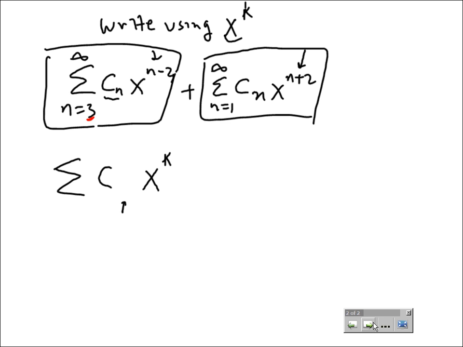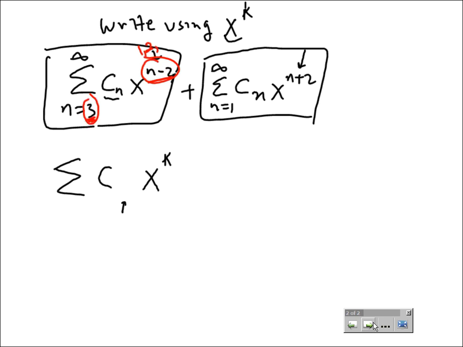First, n is 3. That means first, that power will be 1. 3 minus 2 is 1. What did I get 3 from again? n starts with 3. So first that power is going to be 1. Then when n is 4, so that's the next number after 3, 4 minus 2 will be 2.